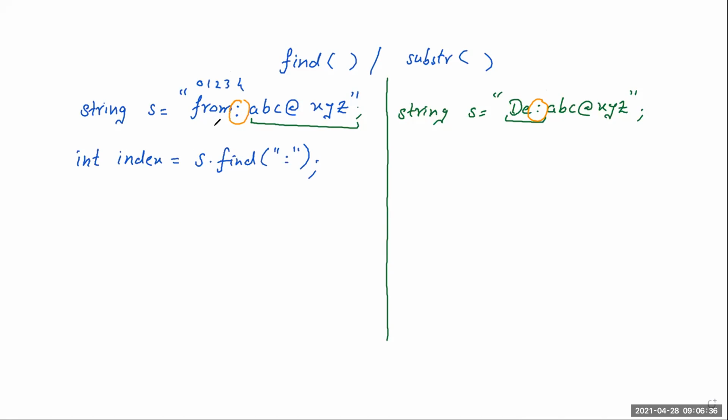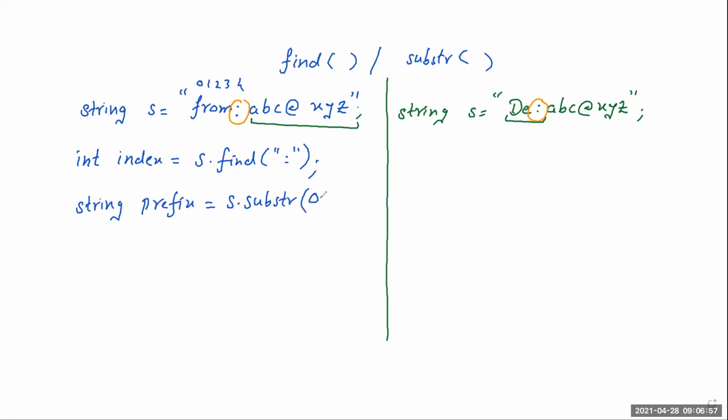Now I can split this string into 2 parts. I can say string prefix, where prefix means whatever is coming before the colon. So I can write s dot substring.